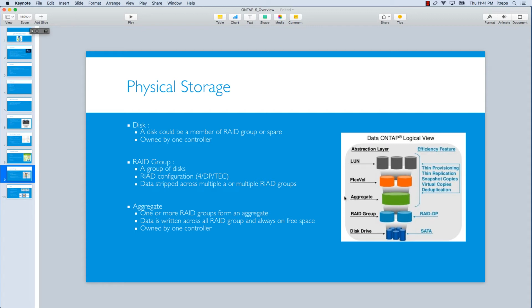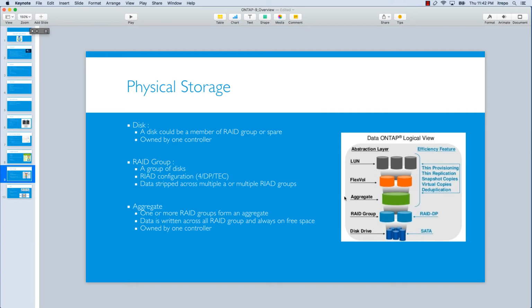Data is striped across the RAID groups inside the aggregates. One or more RAID groups create an aggregate, and data is written across all the RAID groups and always on the free space. It is important to know that the aggregate is owned by one controller.